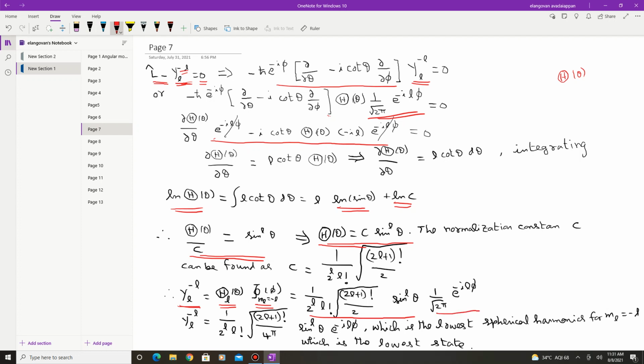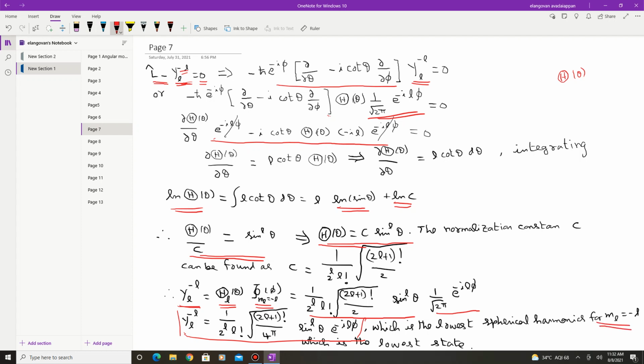Now if we substitute back and simplify, we get this expression: Y_l^{-l} is equal to 1 over 2^l l!, times the square root of (2l+1)! divided by 4π, times sin^l θ e^{-ilφ}, which is the lowest spherical harmonic.